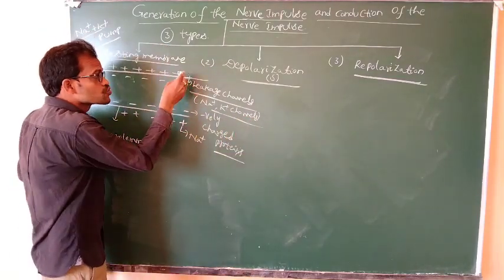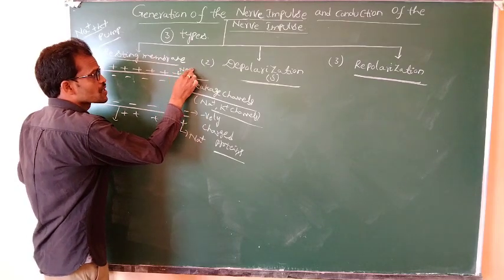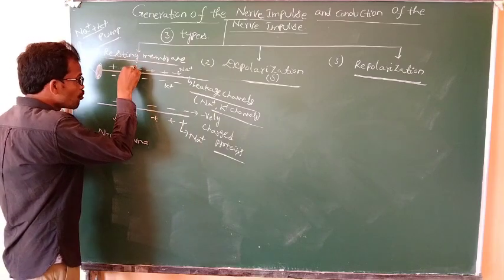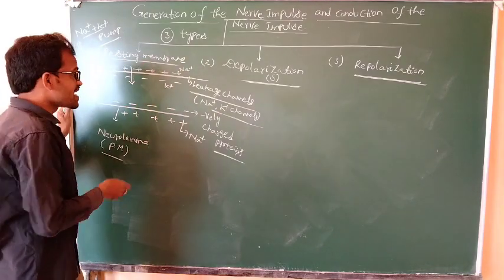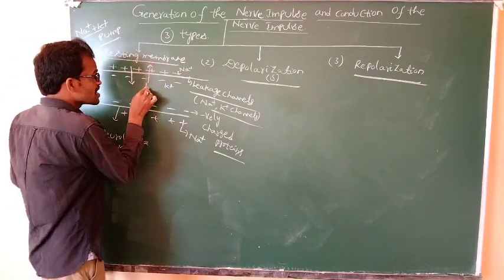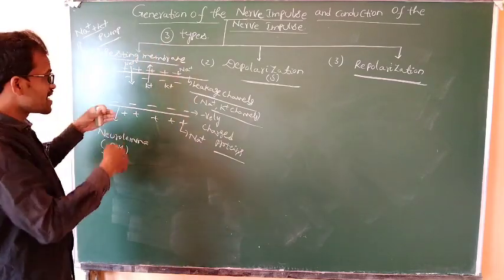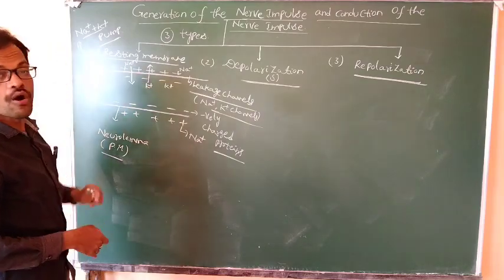Sodium ions always move from the outside to the inside, and potassium moves from the inside to the outside.